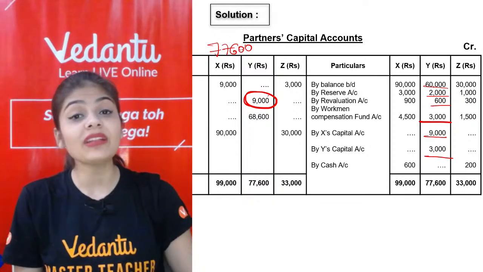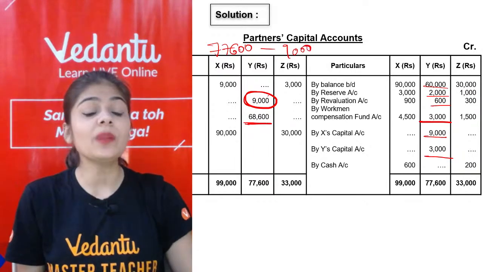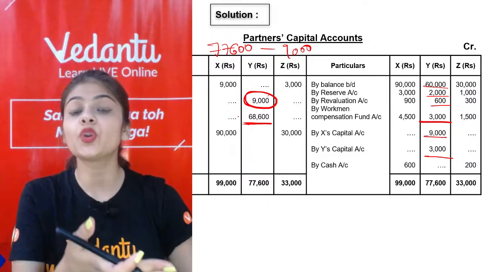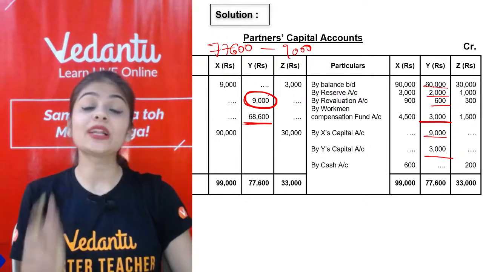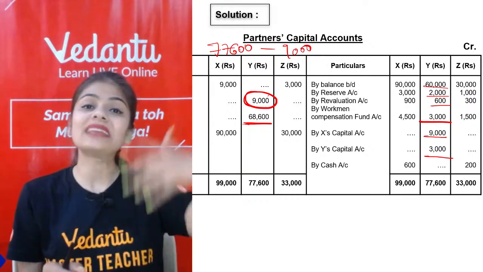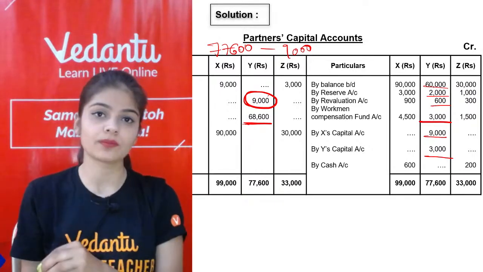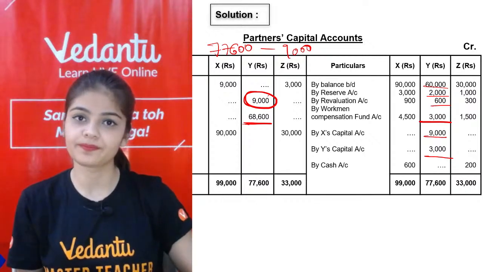So 77,600 minus 9,000 will be 68,600, which is transferred to the loan account. So first we will find out the closing balance of the retiring partner, which will either be paid or transferred to his loan account. You will not carry down the balance of the retiring partner.